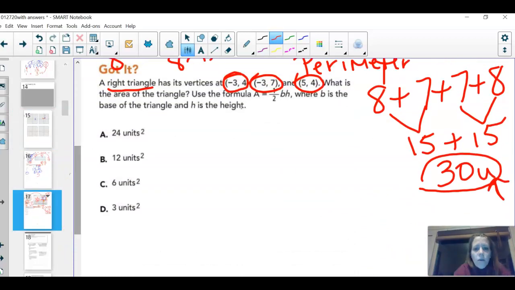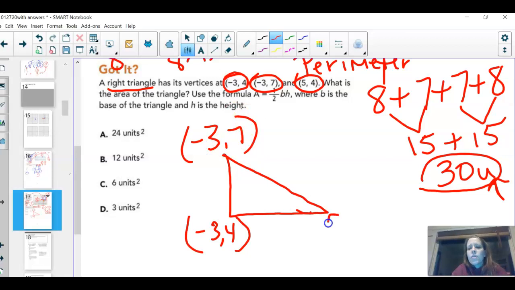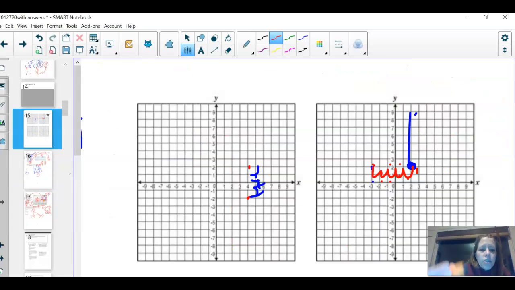I want to think, okay, a right triangle has a right angle. And I know, in this case, that -3 and -3, so this would be -3, 4, and this would be -3, 7. And then this one over here would be 5, 4. If I drew that on here, I could do that as well.